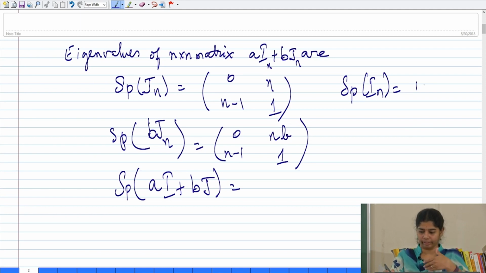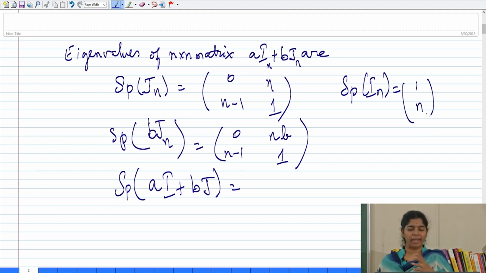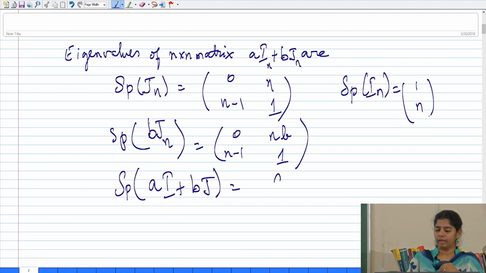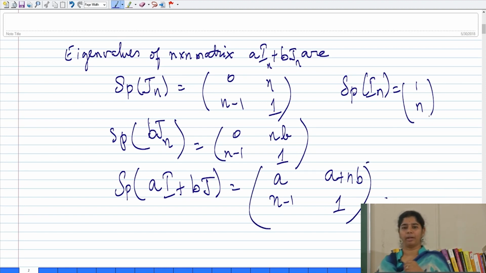So A times I has spectrum A repeated n times. So the spectrum of A I plus B J is A repeating n minus 1 times and A plus nB with multiplicity 1.